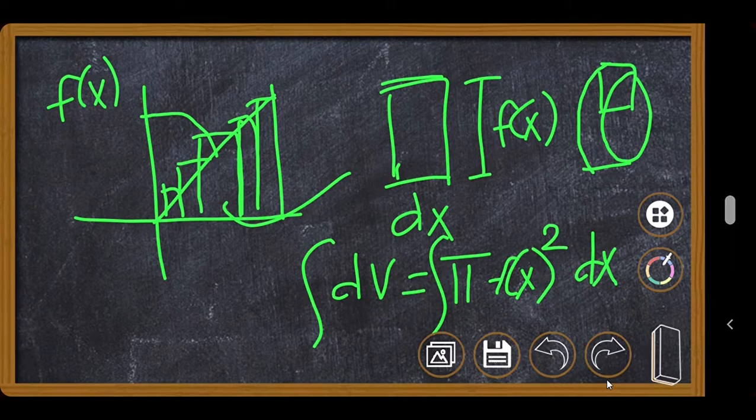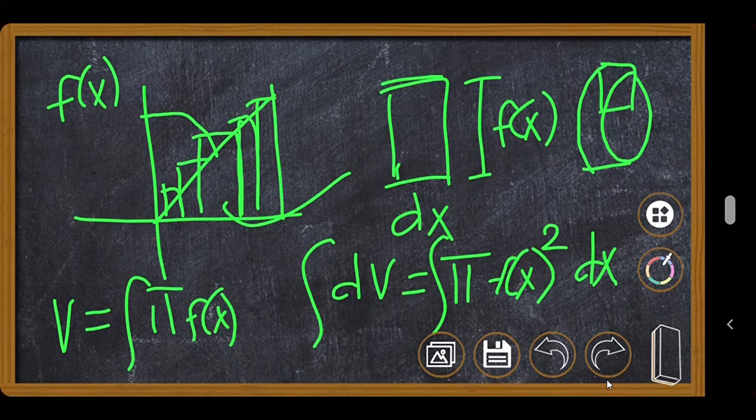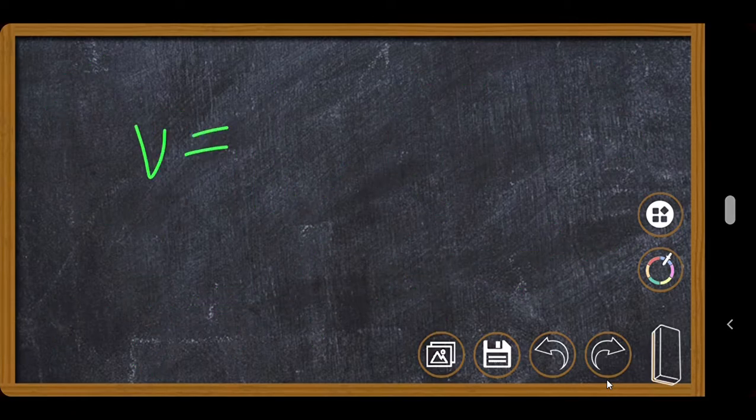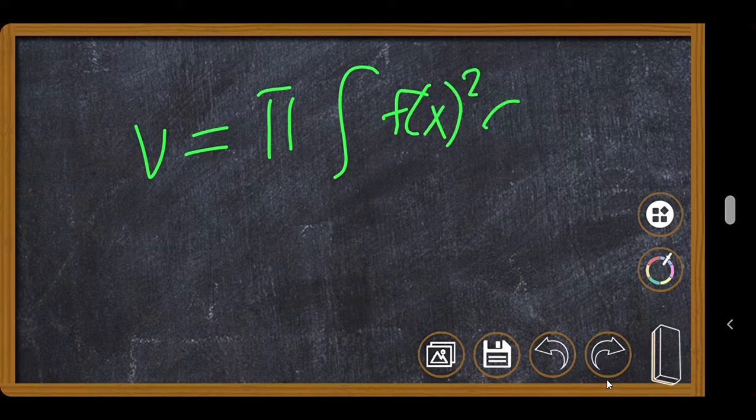We have integral of dv, we have v is equal to integral of pi f of x squared dx evaluated from a to b because those are our limits. Now since pi is constant, we can move that out from our integral. That's why our volume becomes pi integral of f of x squared dx evaluated from a to b.